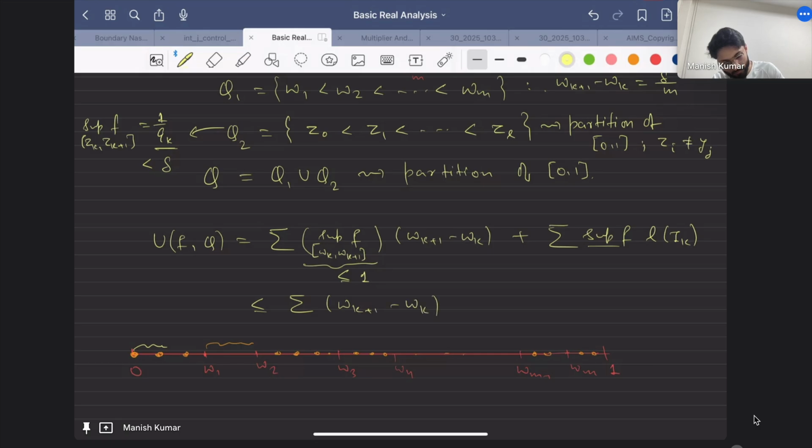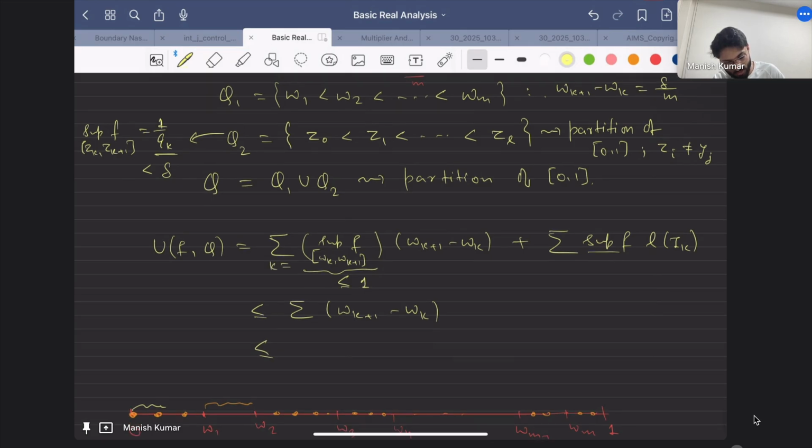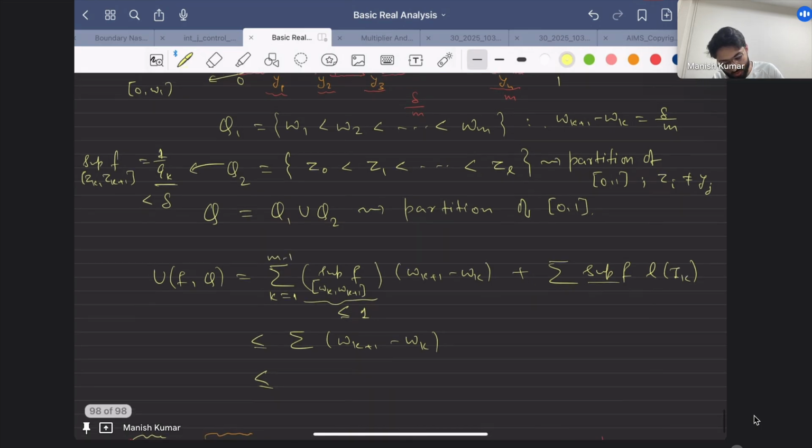Let me write it here, just a second. So k is from, let me write this, 0 to m minus 1, right? Because if you want, you can start with w0. So k from 0 to m minus 1.